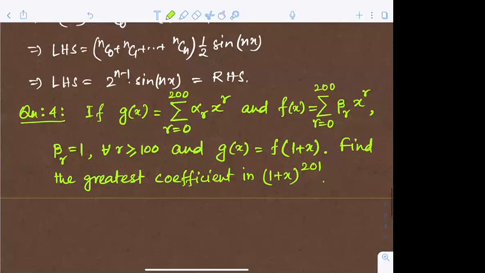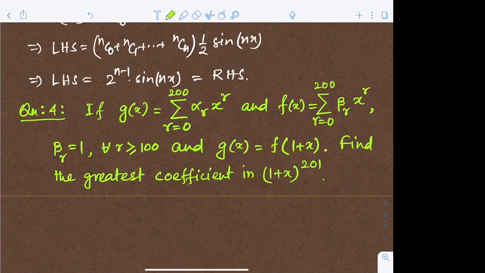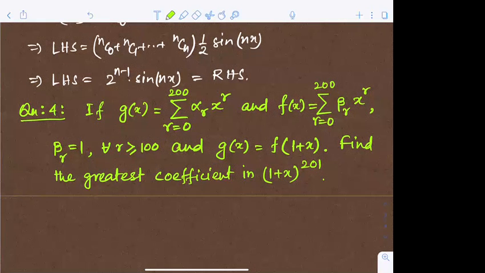To find the greatest coefficient of 1 plus x whole to the power 201. So try to think about this question. So many informations are given, you put them one by one. If this 200 terms that is given is problematic, you take lesser terms and see what is happening, and then you can generalize.